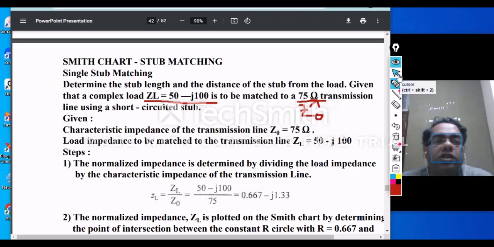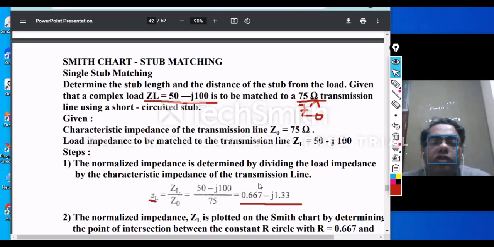So the first thing that we have to do is to normalize all the impedances, because we work with normalized quantities in the Smith chart, and we have to do the normalization with the characteristic impedance of the transmission line, that is 75 ohm. So the normalized ZL, which is ZL by Z0, is 0.667 − j1.33.